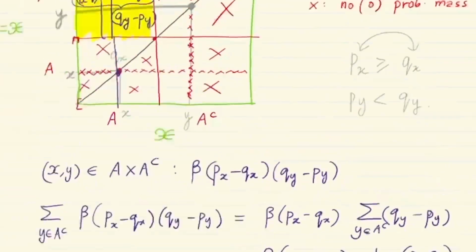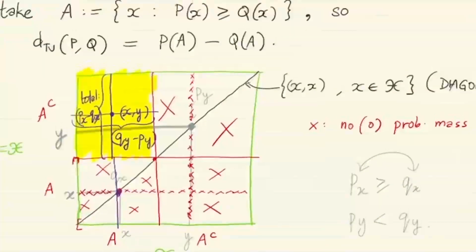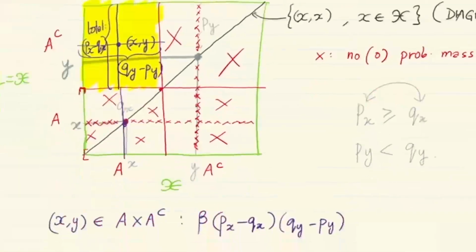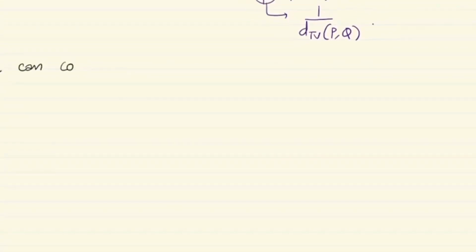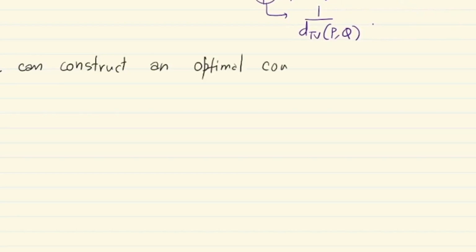So this was just motivation, the natural way of trying to distribute mass to intuitively minimize the amount of joint probability mass off the diagonal, and in fact we can make this formal by saying that what all of this has resulted in is the statement that we can construct an optimal coupling, or a maximal coupling.